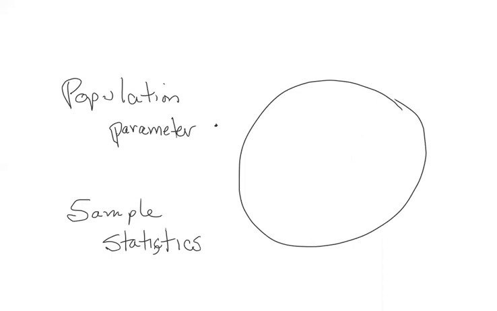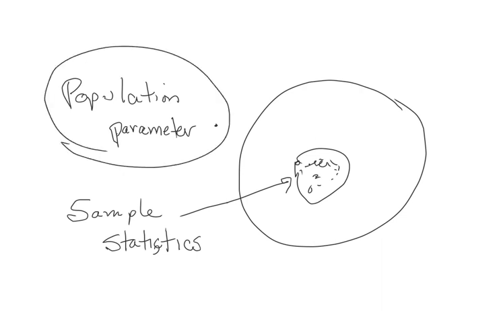And the population is everybody, and the sample is some group of people within that you think represents that. Now, in reality, it's really hard to get to this. In most situations, you can't do population parameters.